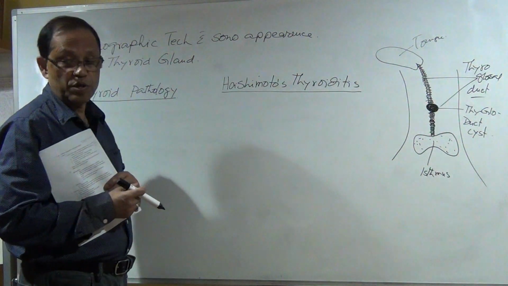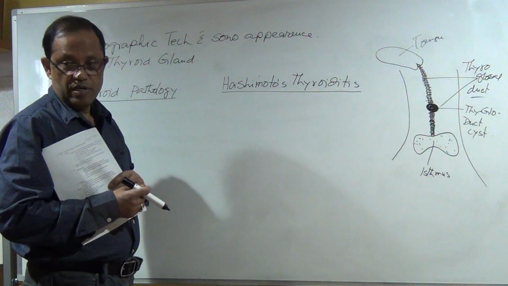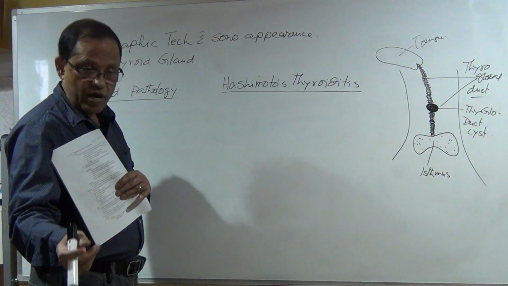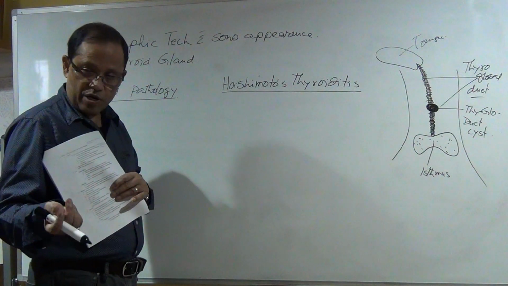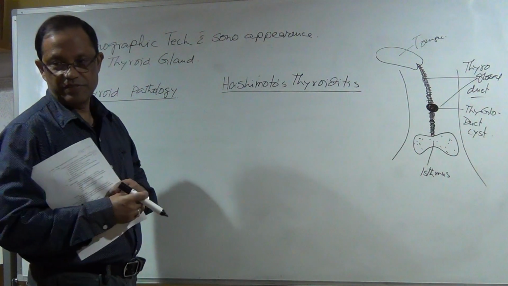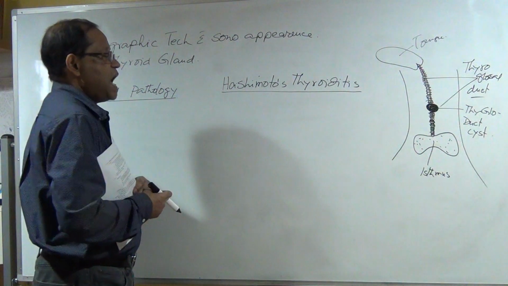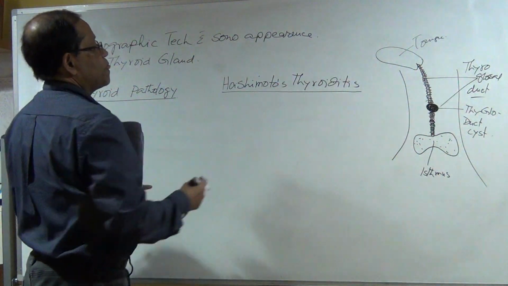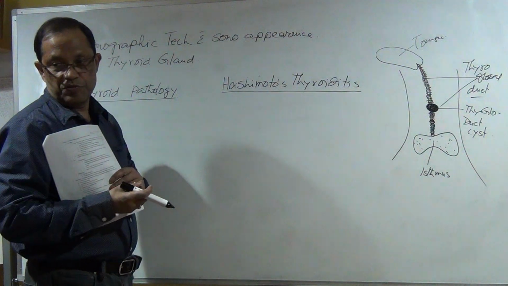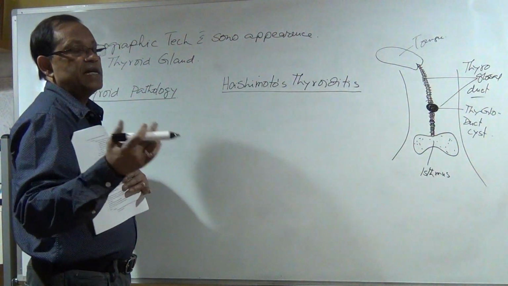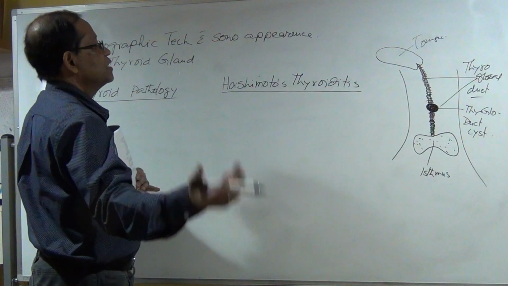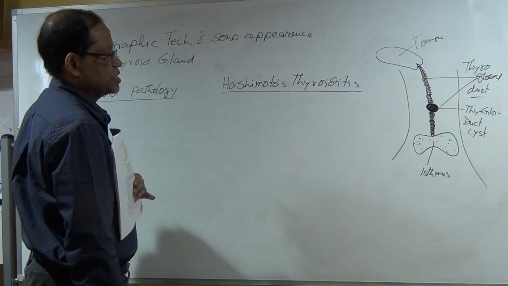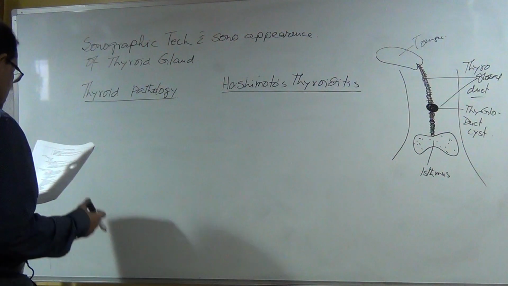What is autoimmune? Your body is fighting itself. Yes, the body develops antibodies against this thyroid tissue, and that antibody kills the thyroid tissue by an antigen-antibody inflammatory reaction.